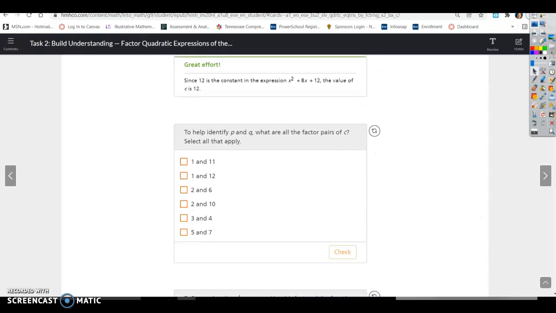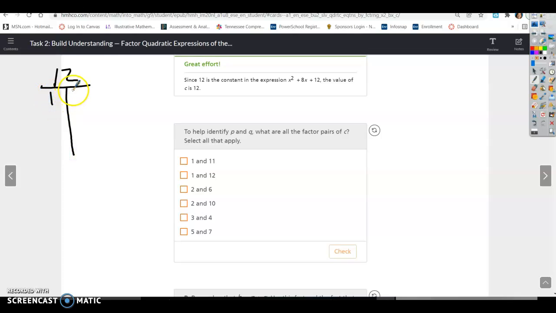To help identify p and q, what are all the factors of c? We just said that c is 12. So all of our factors of 12, and you need to be really good at multiplication if you're going to be good at factoring. So 1 and 12, 2 and 6, 3 and 4.